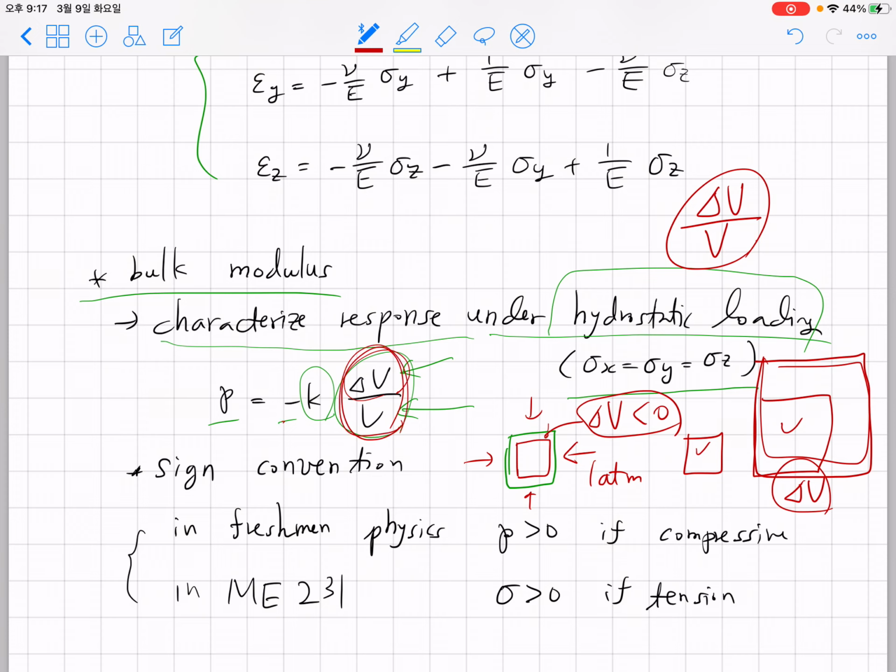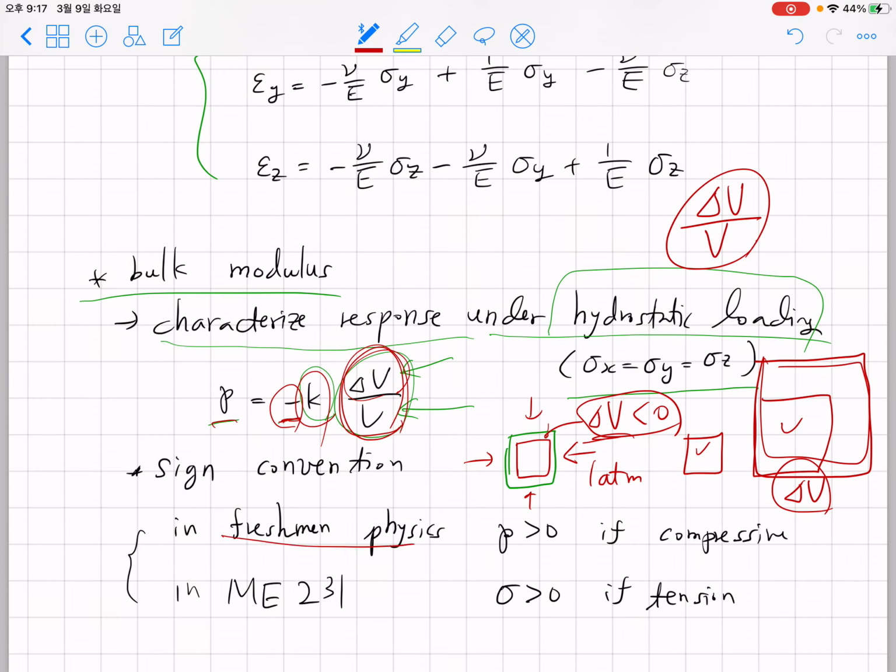The reason why you put a negative sign here is because delta V is typically negative when P is positive, and P is negative when the material is under tension, then delta V will be positive. By doing this definition, you can make your bulk modulus a positive value. Typically it's convenient to leave a material property as a positive number, and that's why they put this negative sign here. But you've got to be careful about the sign convention.